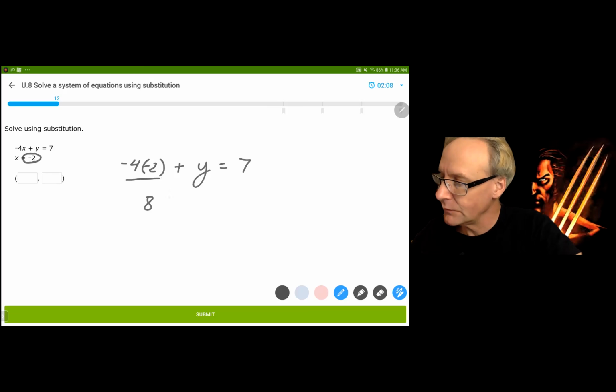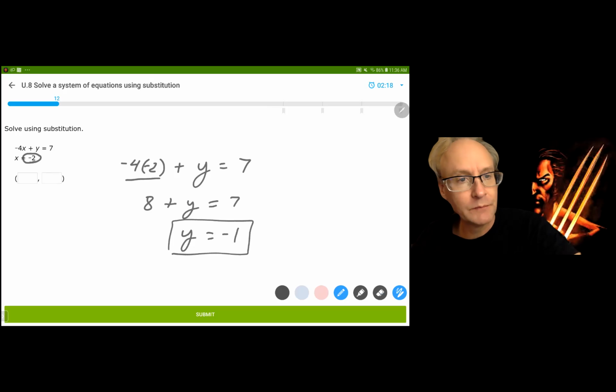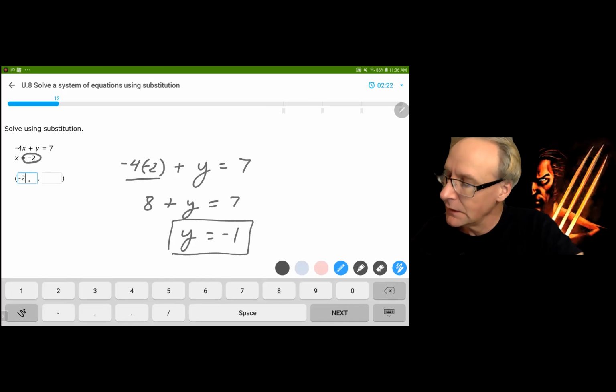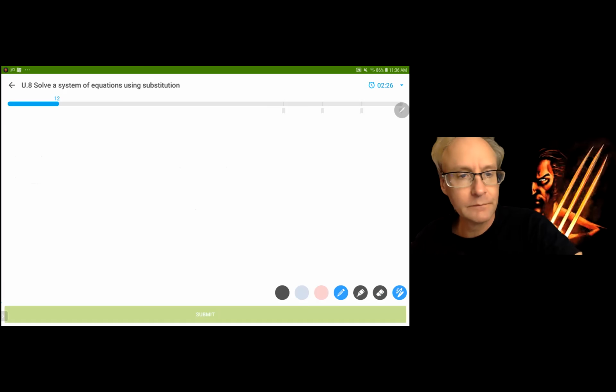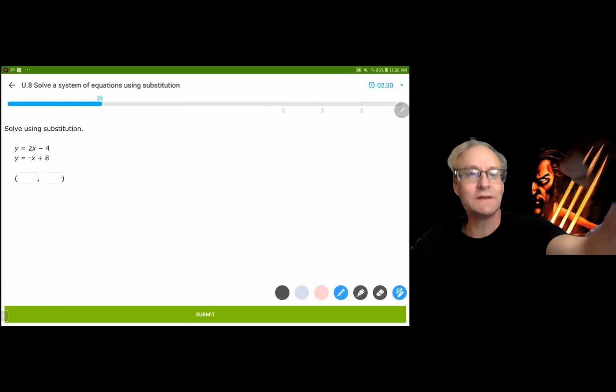That's 8 plus y equals 7. And I'm going to subtract 8 from both sides, or add a -8, whatever makes more sense to you. And y is equal to -1. So I have -2 for x, because they told me that, and -1 for y. We're just substituting. Easy stuff.